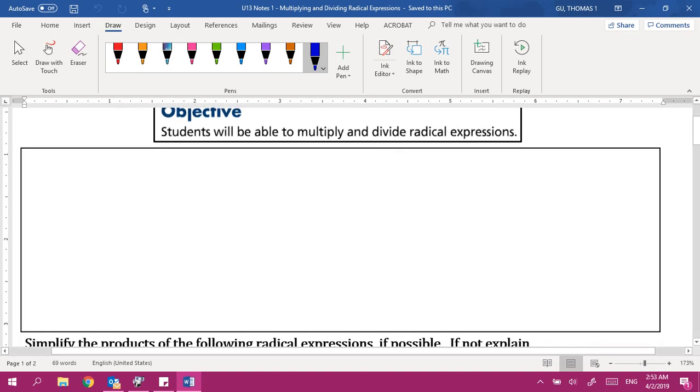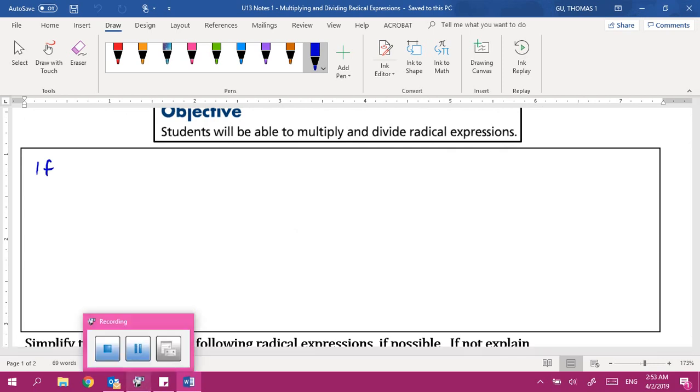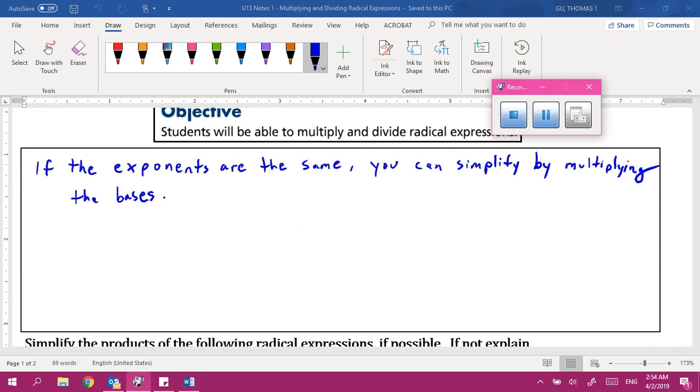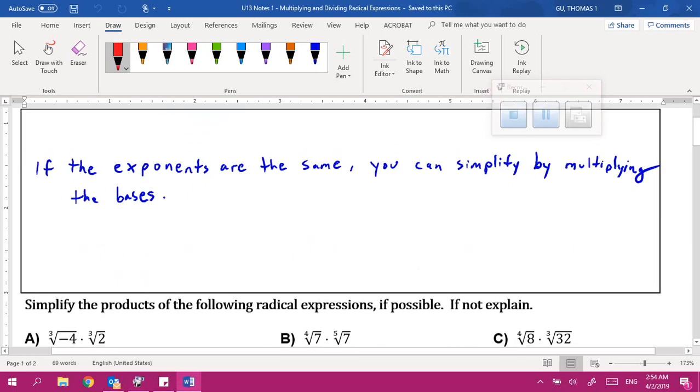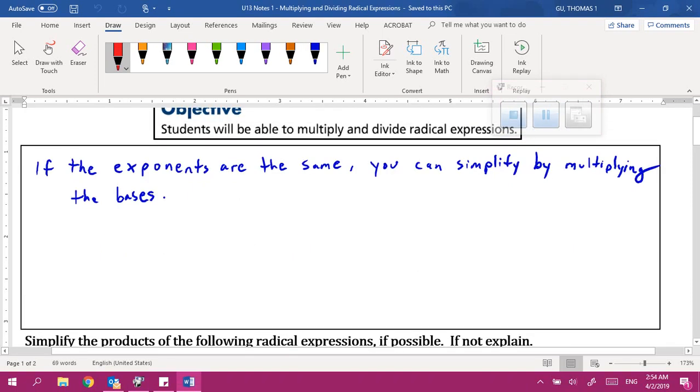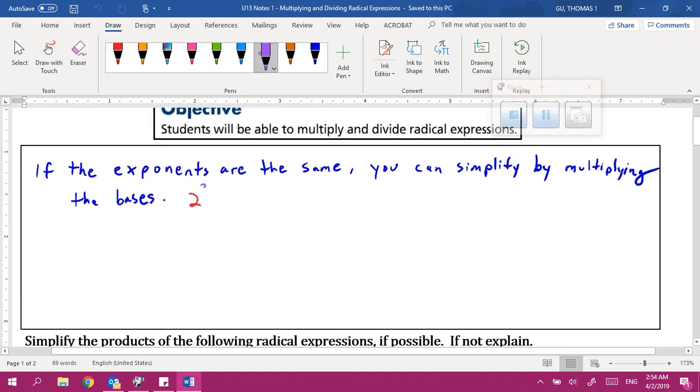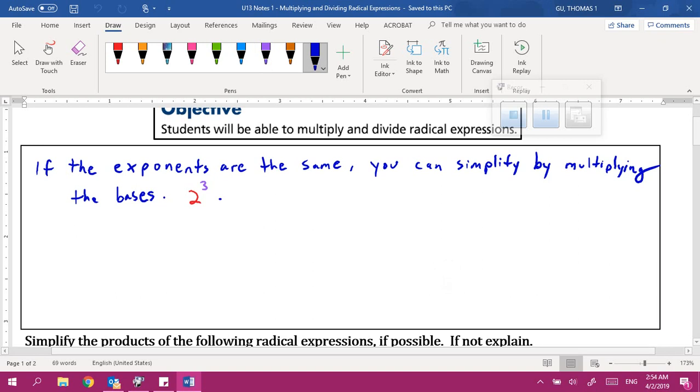One of them is, let me write this down: if the exponents are the same, you can simplify by multiplying the bases. What that looks like is if you had something like 2 to the third times 3 to the third.